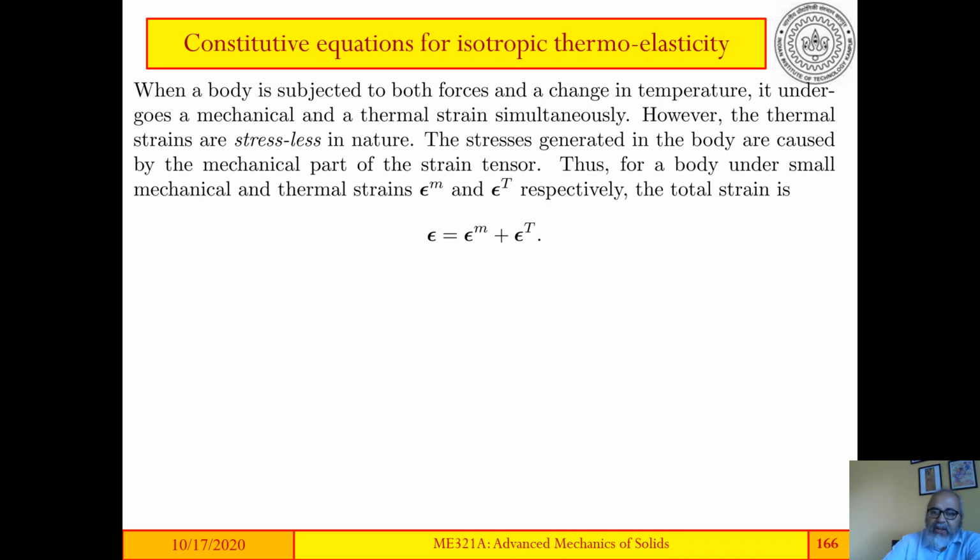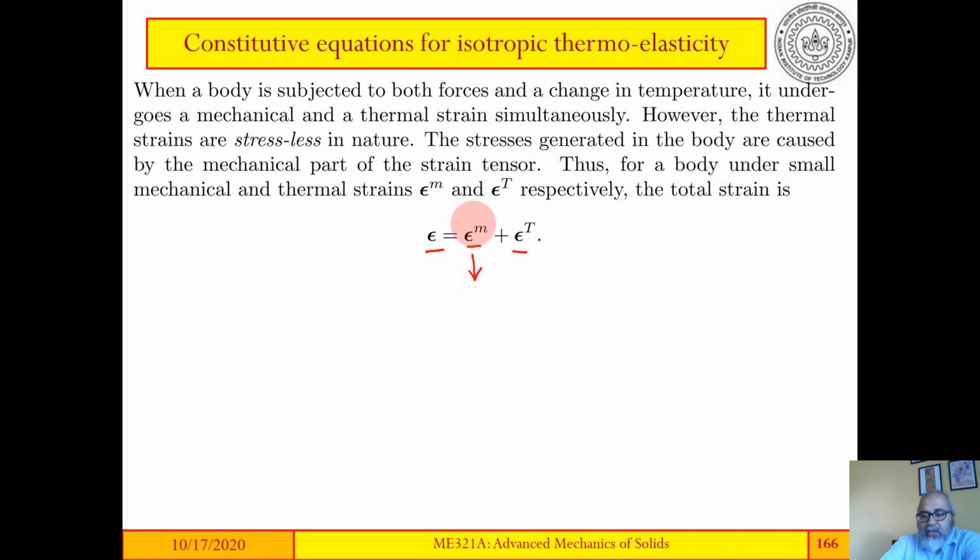So the total strain in a material which is undergoing a temperature rise as well as mechanical deformations will of course be given by the mechanical strain and the thermal strain, but this thermal strain will not lead to any stresses. Stresses will only be caused by the mechanical strains.